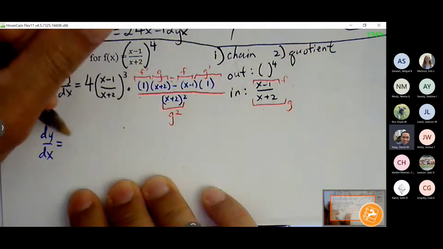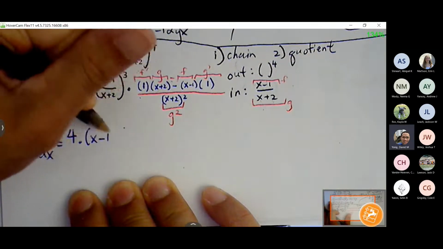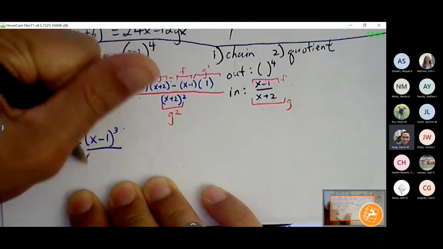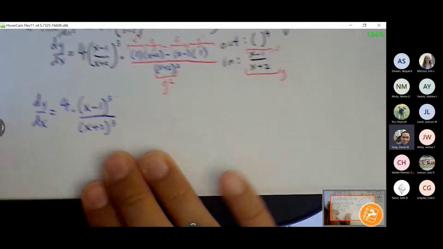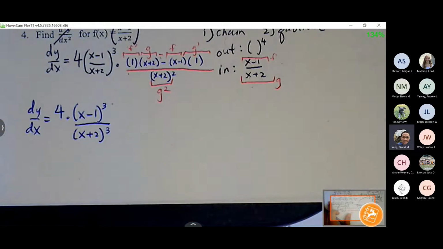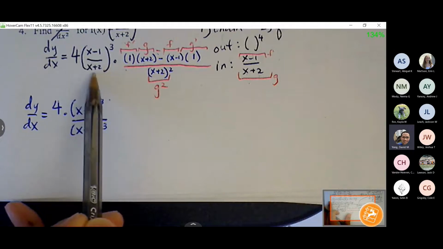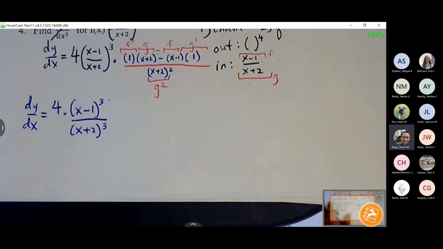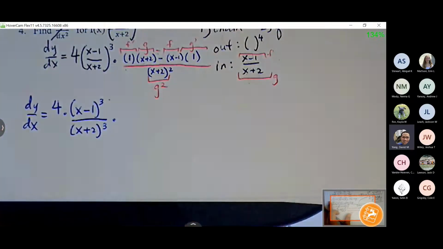So I think something that we can do to help make sure we don't miss it is write it out with that exponent 3 twice. It seems redundant, but it's going to help us know what is happening with that denominator. Otherwise, we may misinterpret this x plus 2 as if the 3 is only seeing the numerator. Right, so that's an extra reminder that there's a cubed x plus 2 down there.